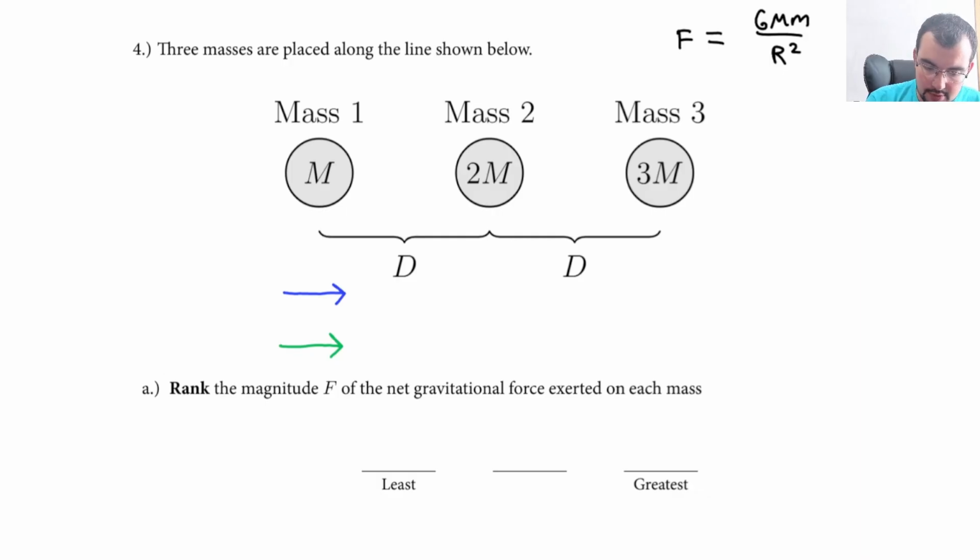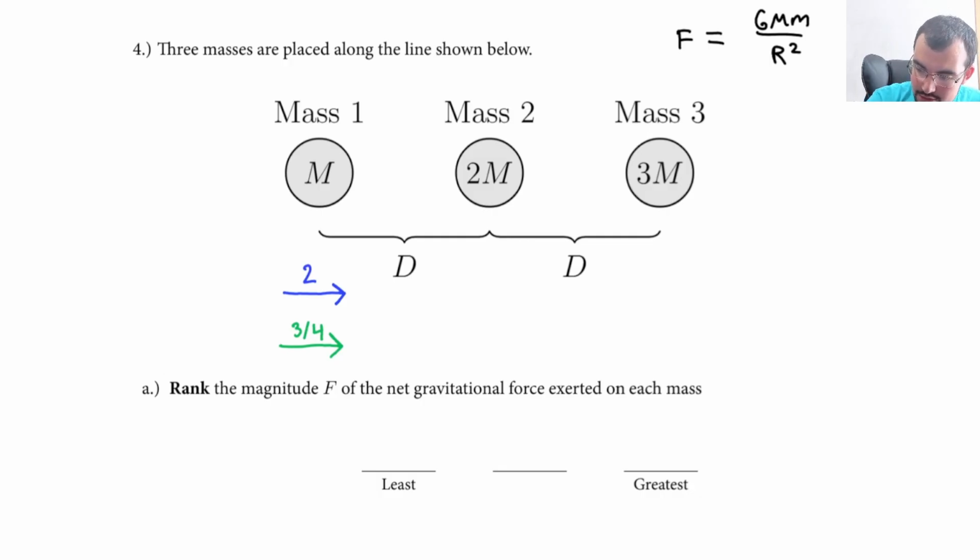So the force between mass 1 and mass 2 is going to be 1 times 2 divided by 1 squared. So this is essentially 2 force units. Then the force exerted on mass 1 by mass 3 would be 1 times 3 divided by 2 squared, which would be 3/4 of a force unit.